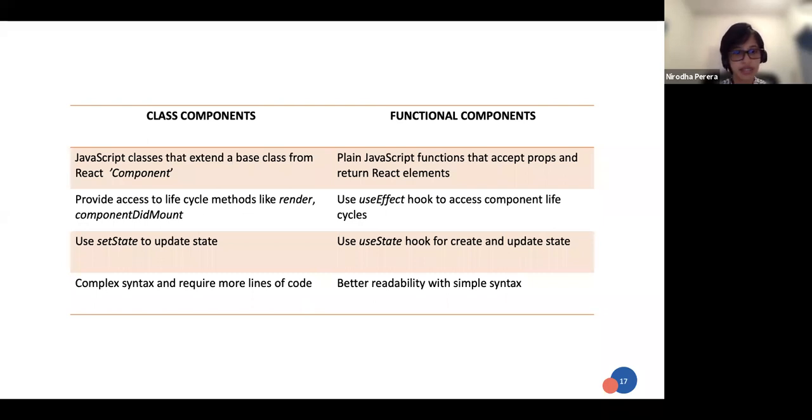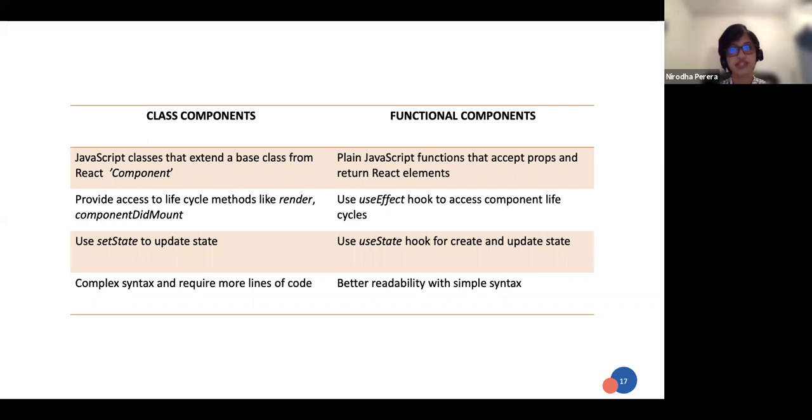It can be render, componentDidMount, and componentDidUpdate likewise. And in order to update the state of the component, we will use a method called setState. If you compare class components with functional components, it's a bit more complex syntax and also requires more lines of code.